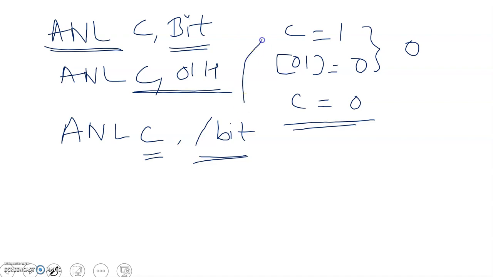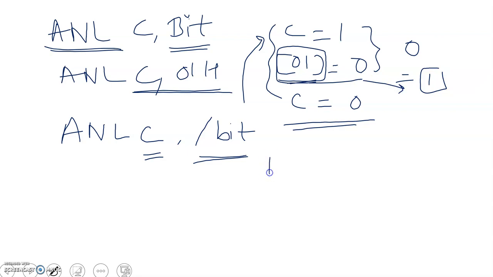If I apply it to this example, the bit was 0, so first this bit will become 1, because NOT of this bit makes 0 equal to 1. Then 1 is ANDed with C, which had a value 1, and the final result stored in C will be equal to 1. Again, it's not very difficult, a very simple instruction.